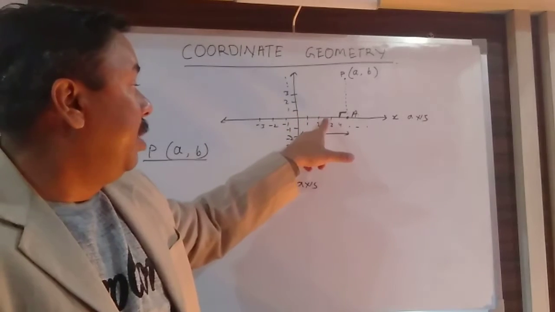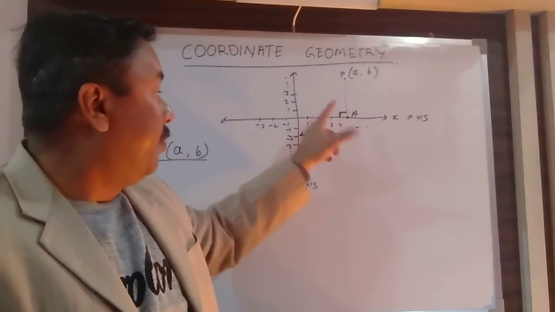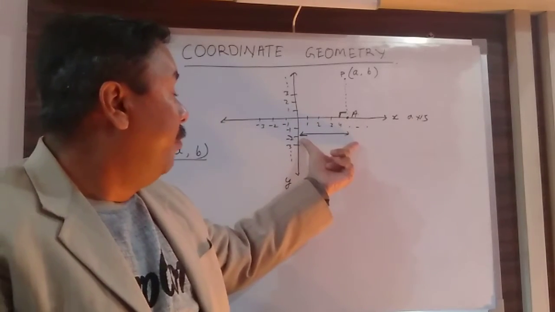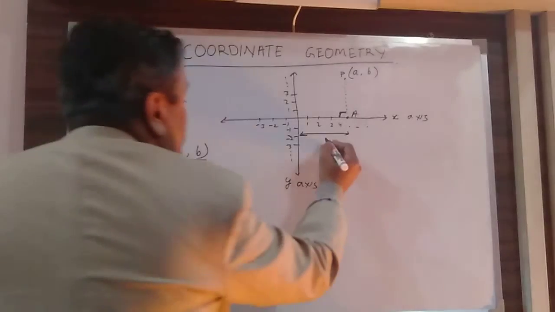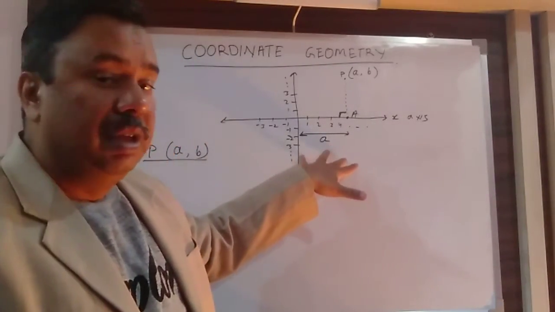Whatever distance it travels along the x-axis, that distance increases from the y-axis. So its distance from the y-axis is equal to A. This is the length of this.